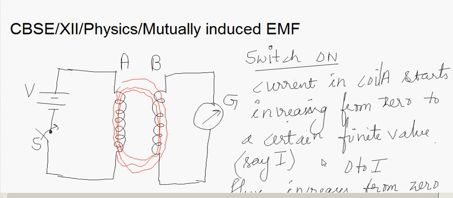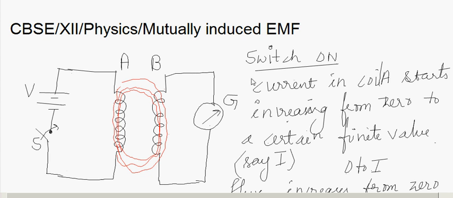Now after some time, once the current reaches its finite value I, there won't be any increase in current, and the flux linking coil A will not be changing with respect to time, and hence the flux linking coil B will also not be changing, and the EMF induced becomes 0, and the galvanometer comes back to 0 position, or the deflection shows 0. So this also indicates that the EMF gets induced only when there is a change in flux.